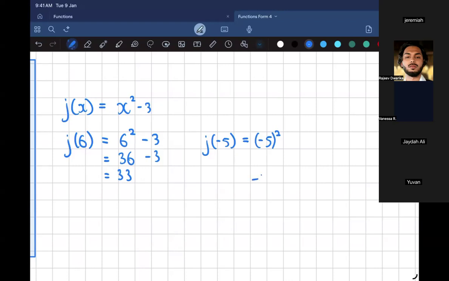So Jada, if I had minus 5 squared, that would be minus 25. But I'd be wrong. I really want it to be minus 5 in brackets squared because that would be minus 5 by minus 5. Good, right? Cool. Right, and now minus 3. So minus 5 squared is? What's minus 5 squared?